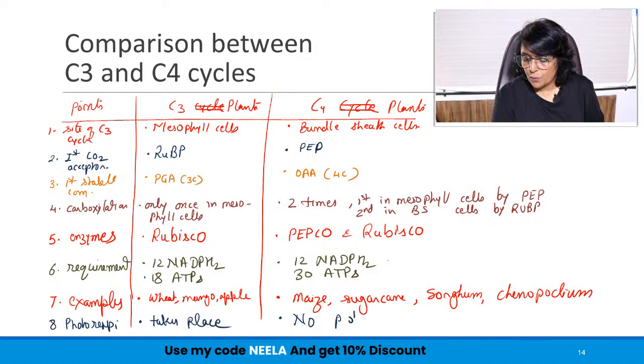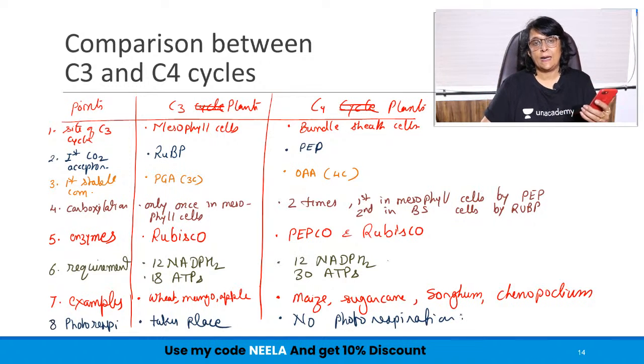No photorespiration in C4 plants. So now when we are comparing these two plants, C3 plants and C4 plants, we have actually revised the complete C3 cycle and C4 cycle. Okay, so this is the difference what we talk of.